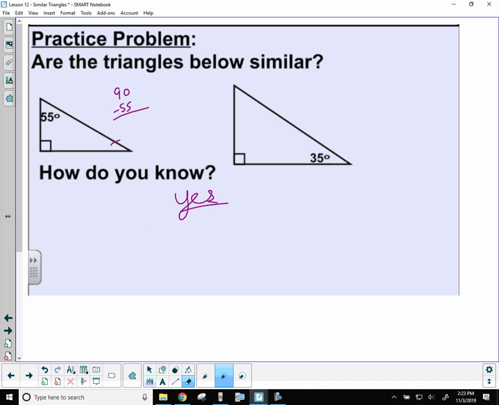I'm trying to make these videos short, but they get longer because the slate does not want to keep up. So 35. Those angles are congruent. And yes, even the upper one up here should be 55 because of the same idea. 90 minus 35, we get 55. So yes, these triangles are similar, not congruent. Similar. Because of angle.